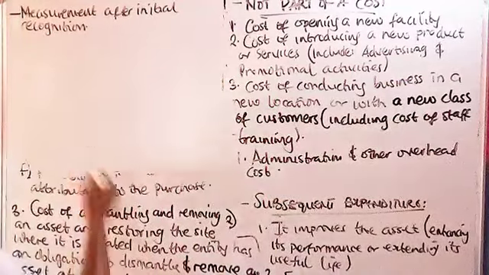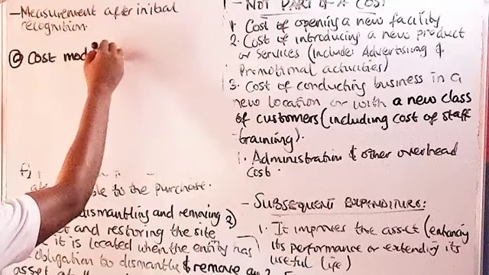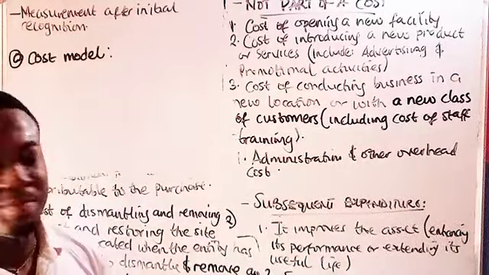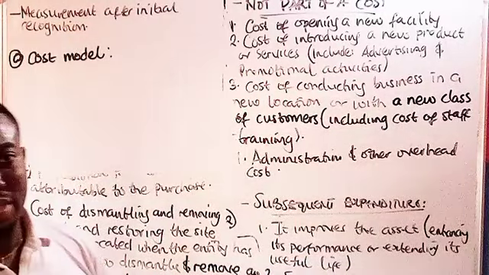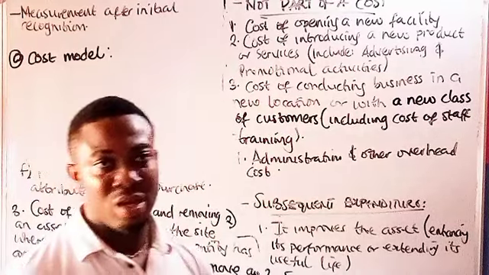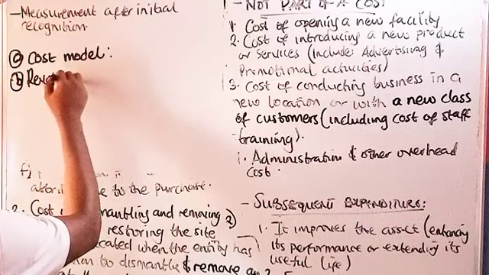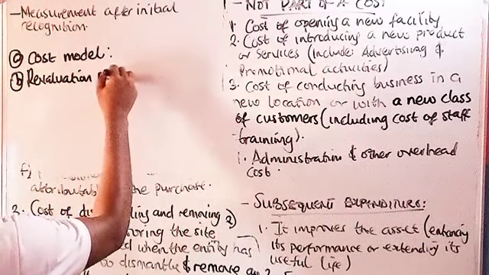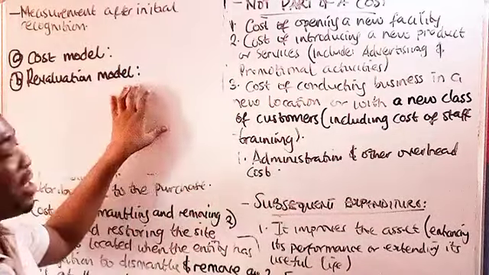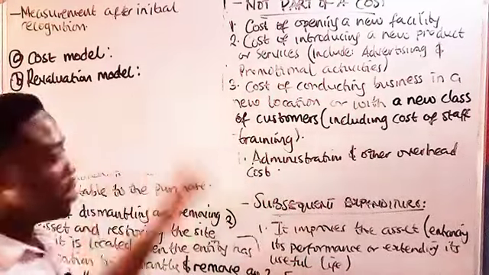Okay, so the first one will be the cost model. An item of PPE is carried at cost less any accumulated depreciation and any accumulated impairment losses. The second one will be the revaluation model. It means that PPE is carried at a revaluation amount.